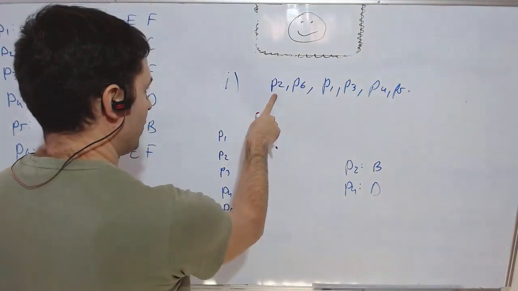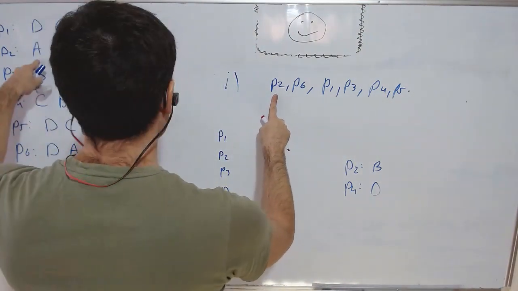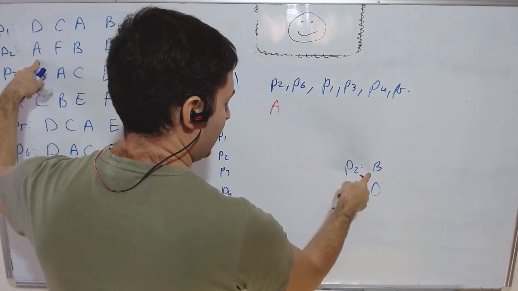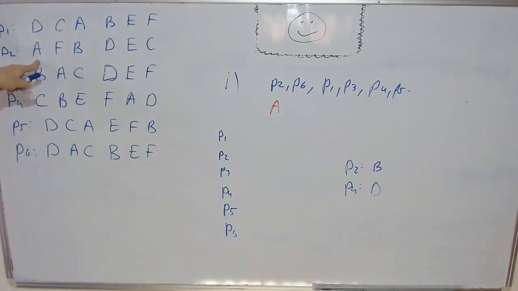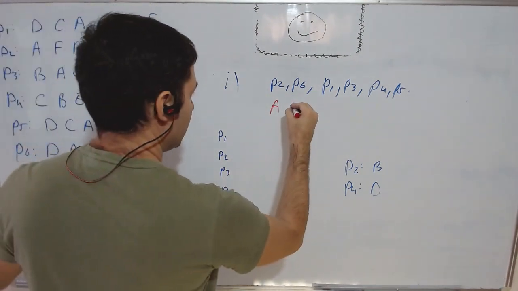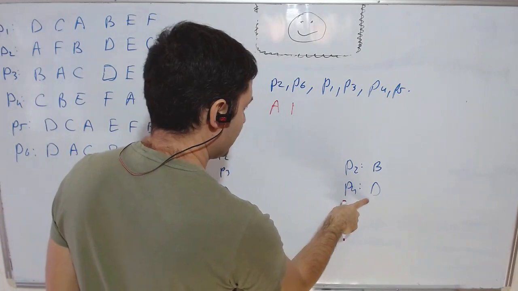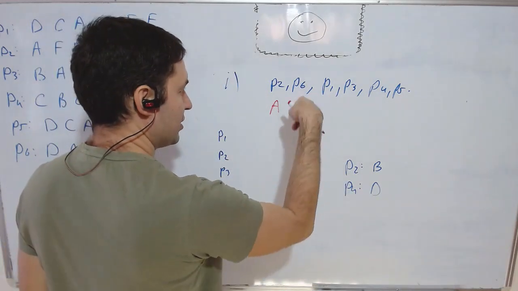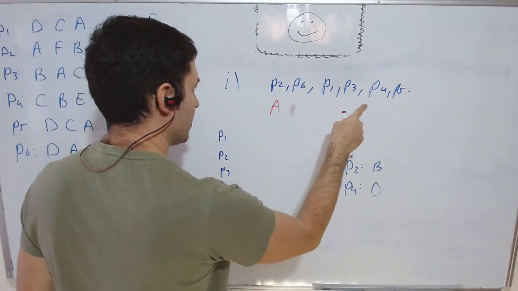So P2 goes first. He grabs house A. Notice that he immediately vacates house B. Okay. Then P6 goes. P6 grabs D. Oh no, he cannot grab D because D is occupied. He needs to let P4 go first.